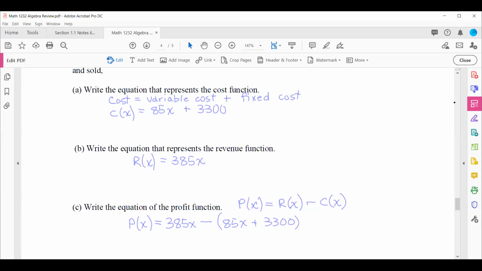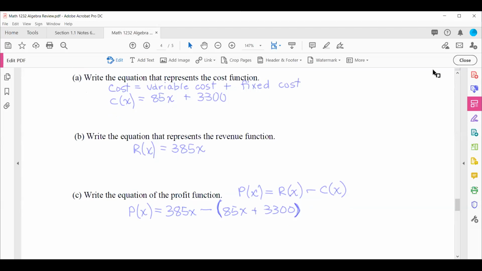The parentheses here are pretty important because you're subtracting, like I said, all of the cost function, which has two pieces. So I now have to go in and distribute the negative. Distribute the negative.